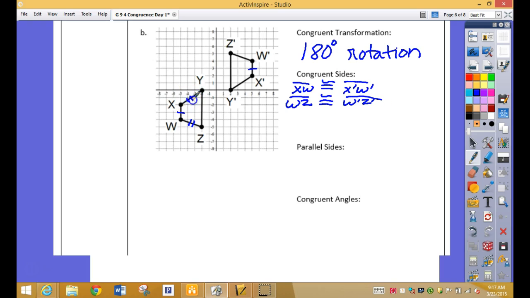And then we have XY is congruent to X prime Y prime. Finally, ZY is congruent to Z prime Y prime.